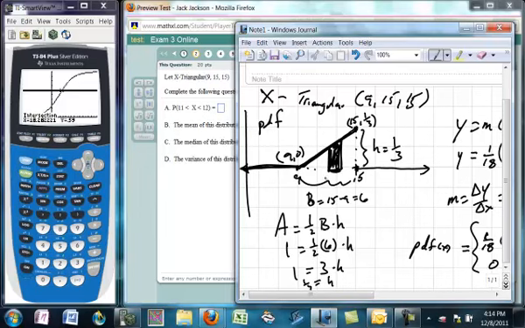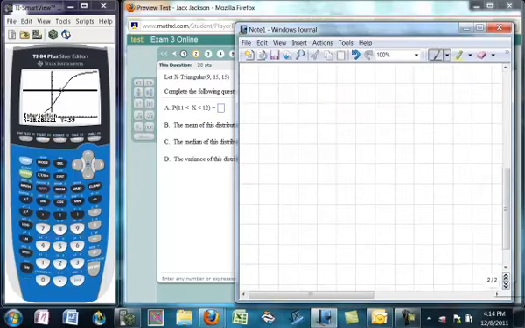It's actually a right trapezoid between 11 and 12. So I'm going to make a big triangle going to here, and then we're going to subtract off the little triangle.